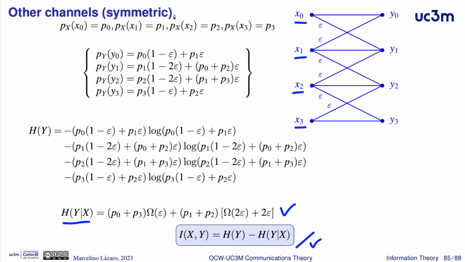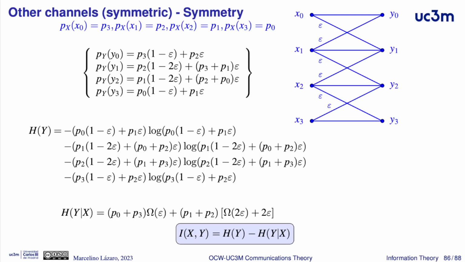However, if we consider the symmetry of the channel, we can see that the dependence of these expressions with respect to x0 is the same as with respect to x3, and the dependence with respect to x1 is exactly the same as for x2. In fact, if we change p3 by p0 and p2 by p1, we get exactly the same expressions.